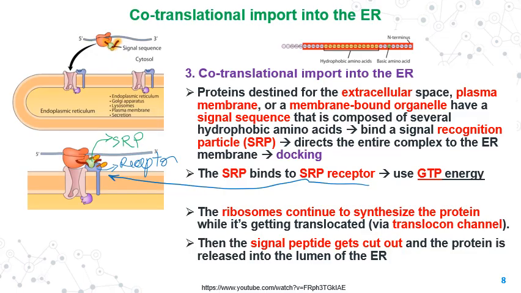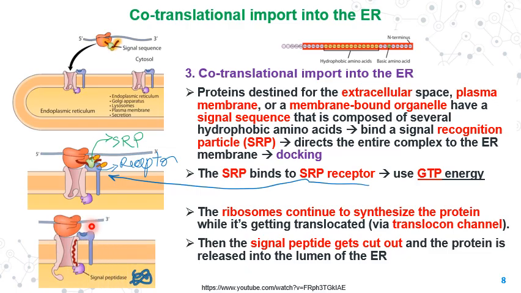So here, once you have your protein translocated, then you are going to get rid of your signal sequence. Let's see more details on how that's going to happen. Here you're going to have your protein that is going to be translocated. It's not showing the whole thing. The protein is already there, folded inside.